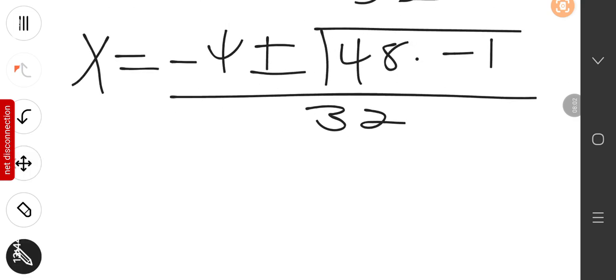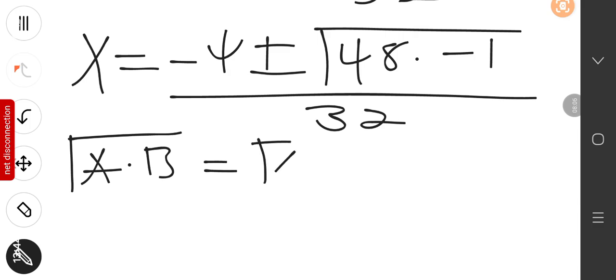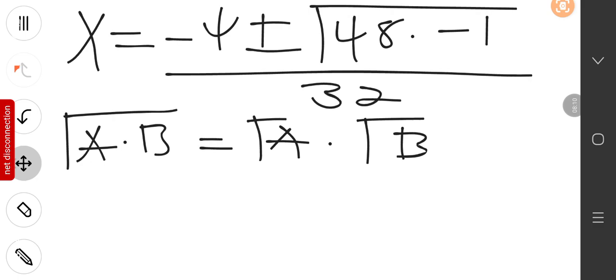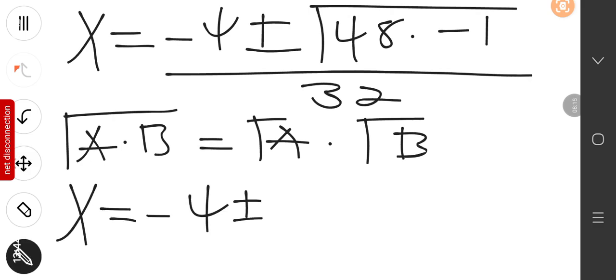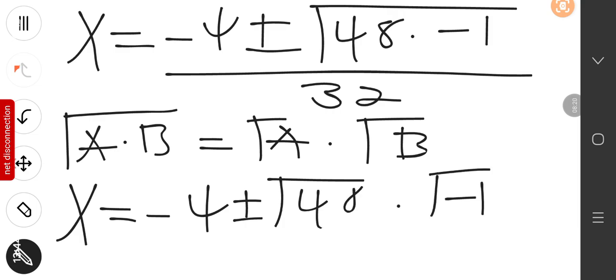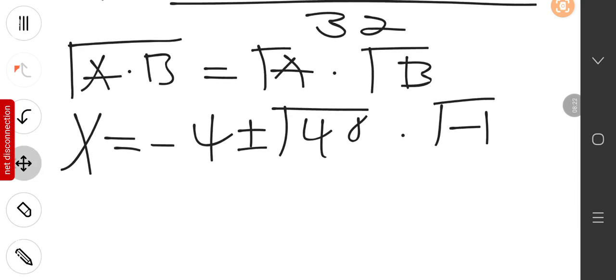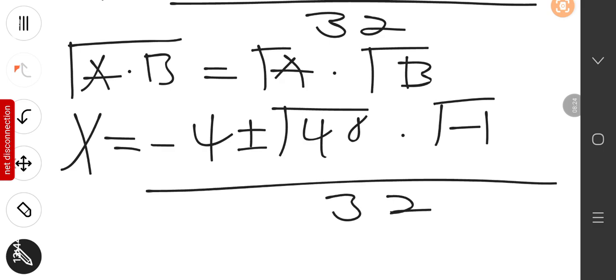All right, now the square root of a times b is equal to the square root of a times the square root of b. So our equation becomes x equals minus 4 plus or minus the square root of 48 times the square root of minus 1 all over 32.